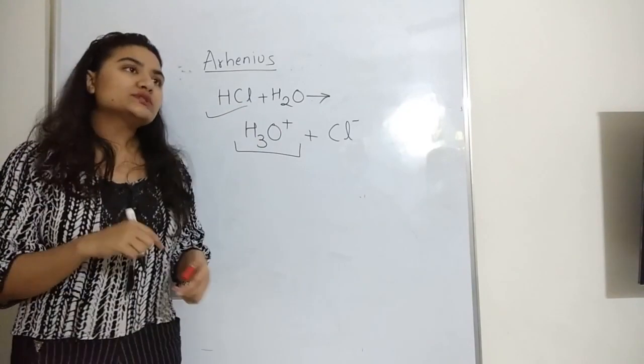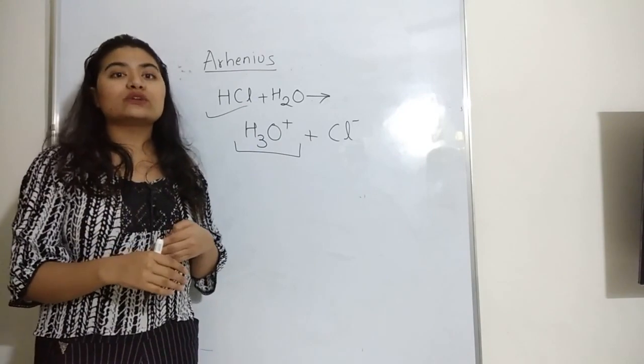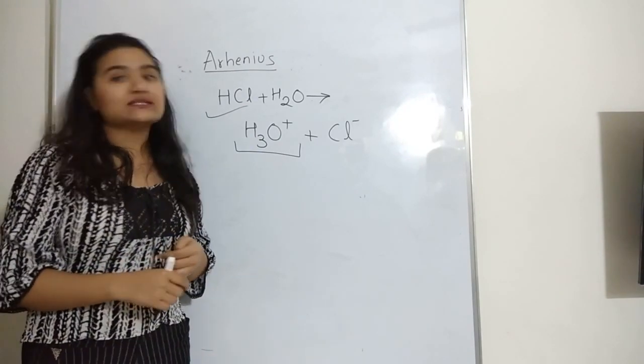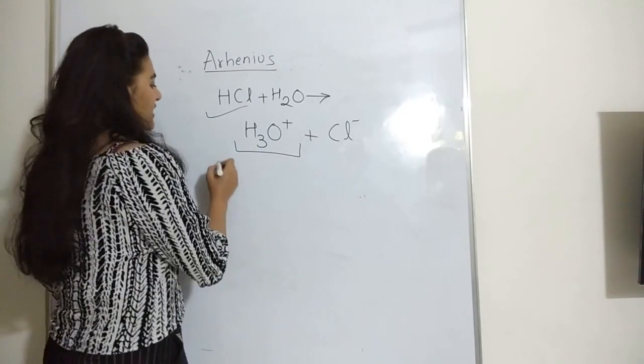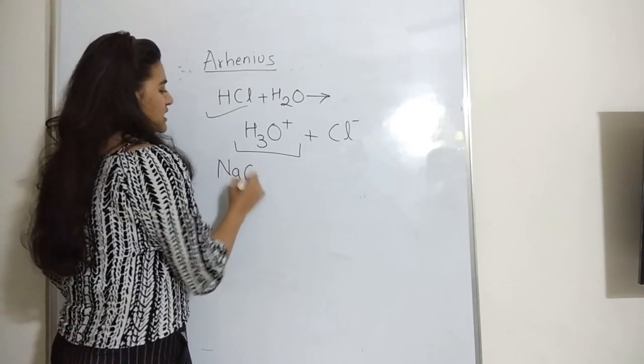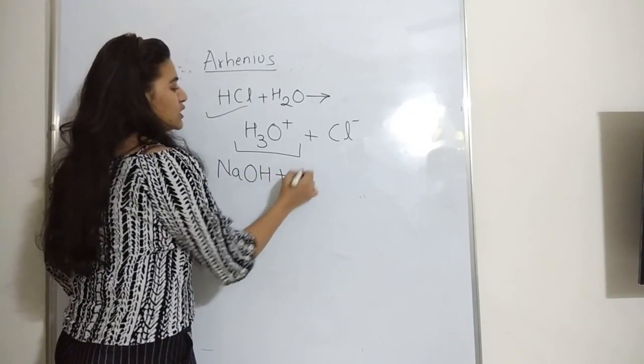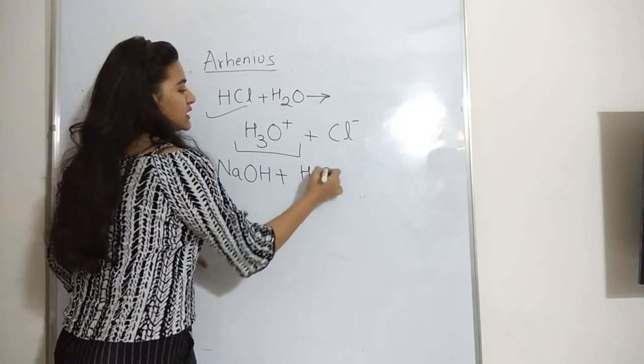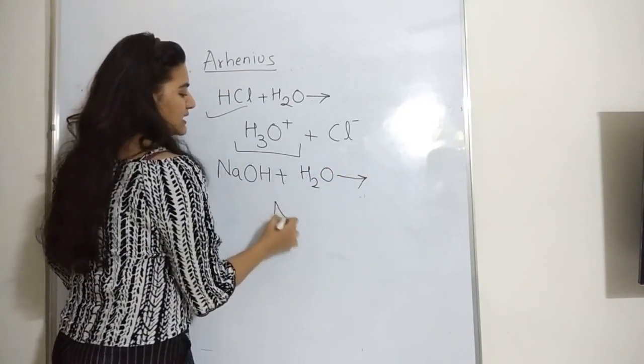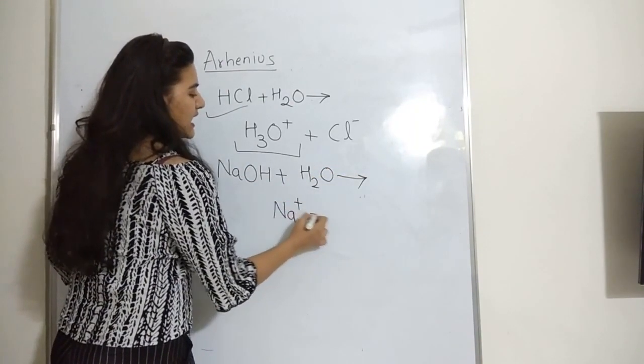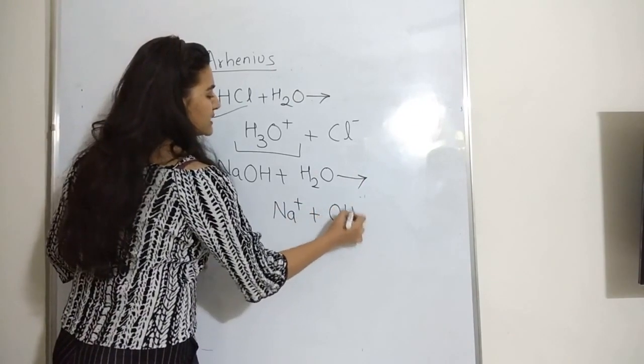Similarly, a substance when dissolved in water, when it releases OH minus ions, it is said to be a base. So if I have NaOH and I have dissolved it in water, it is going to give me Na plus ions and OH minus ions.